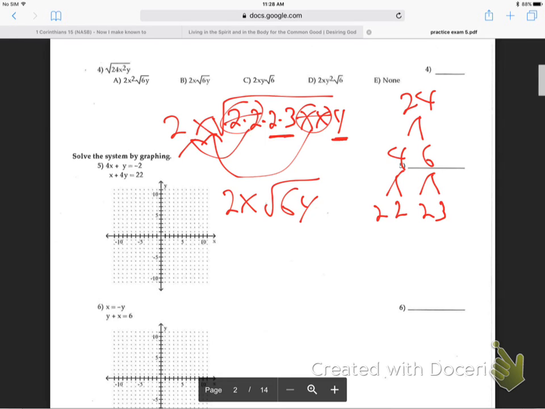You good there? So let me let you be off and running. So number 5, get y alone in the first equation, get y alone in the second equation, and then graph both lines on the axis system. You're looking for where they intersect.